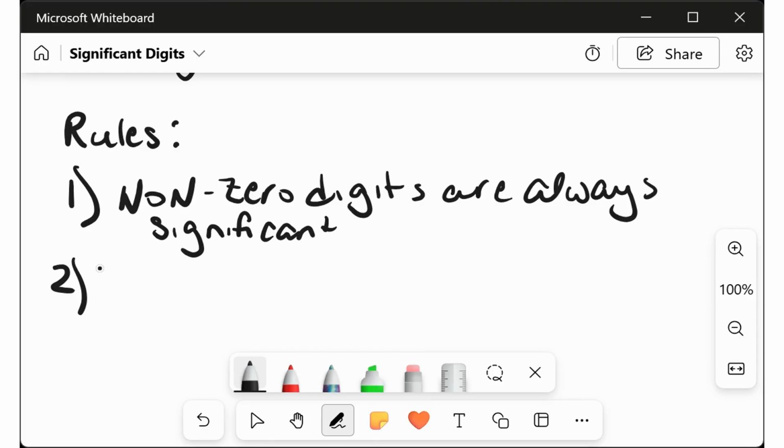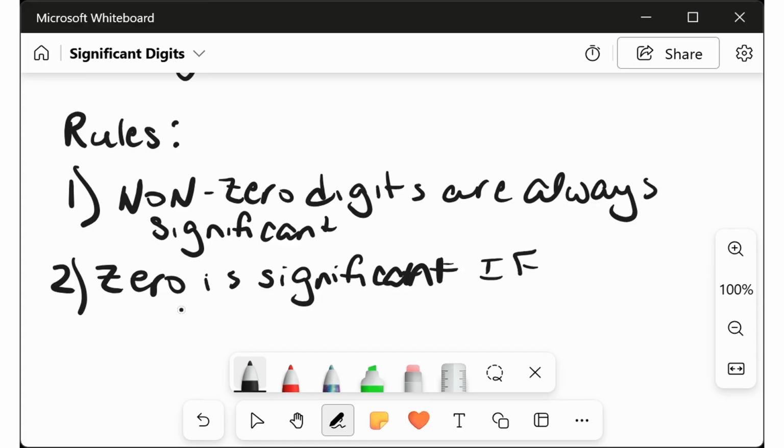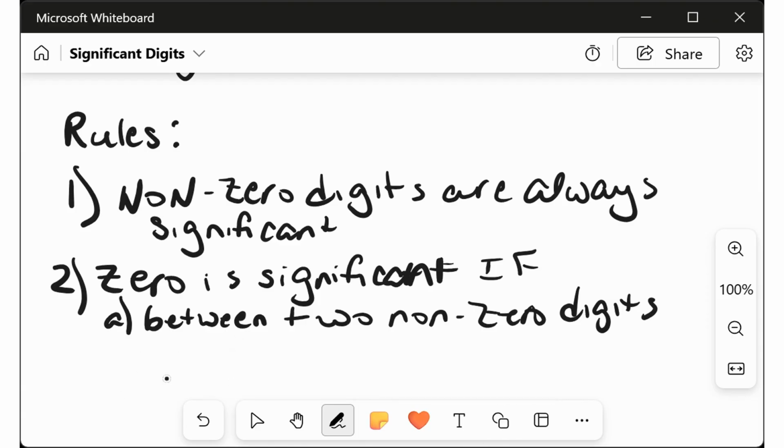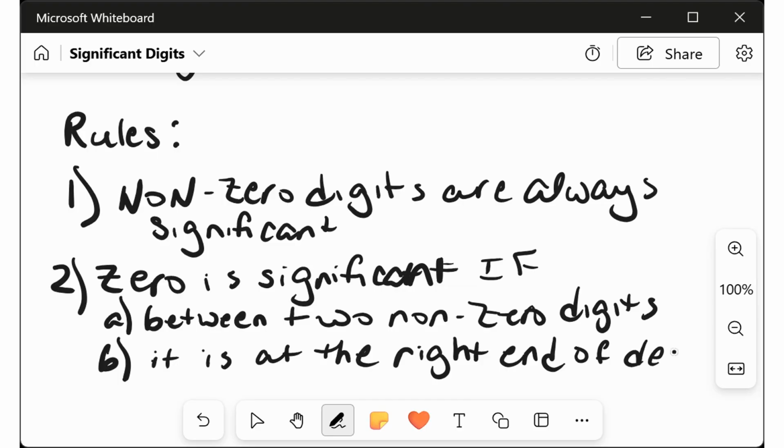Rule number two: a zero is significant if it's between two non-zero digits, or it is at the right end of a decimal, or if it is marked as significant. Okay.